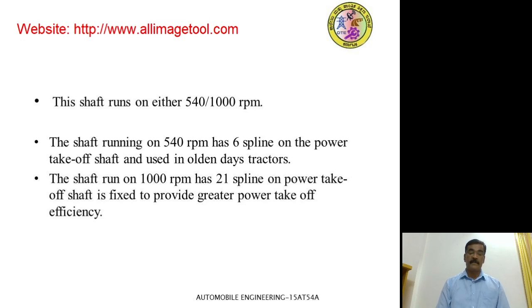The shaft running on 1000 RPM has 21 splines on the power takeoff shaft. It is fixed to provide greater power takeoff efficiency.